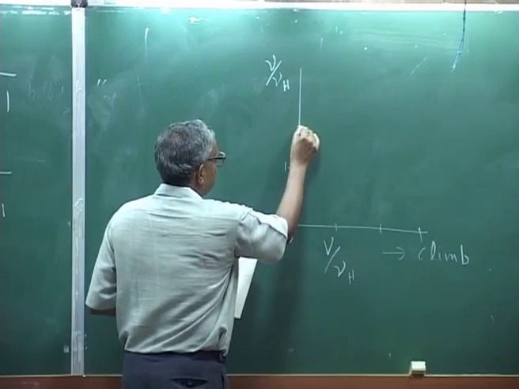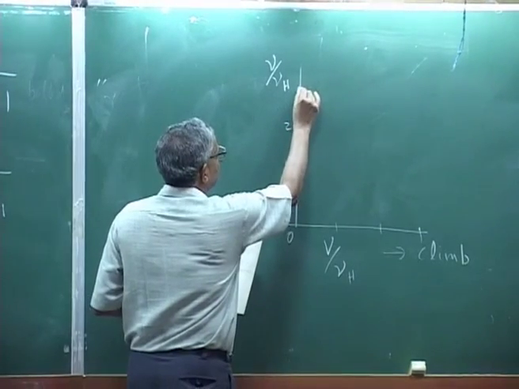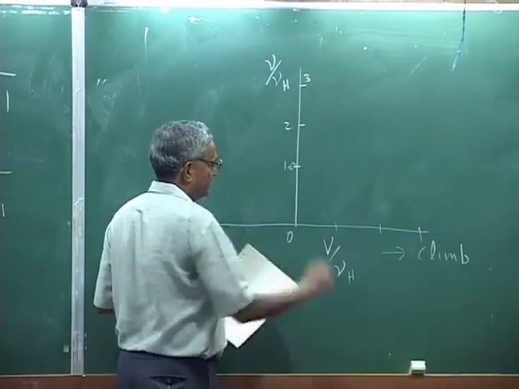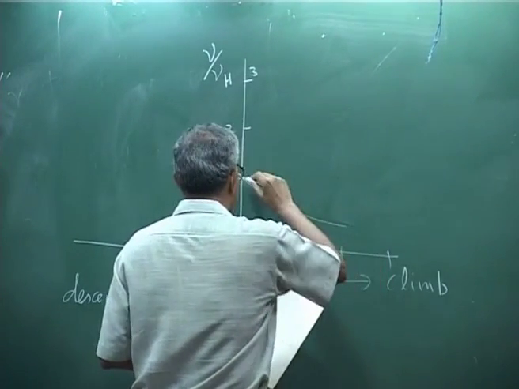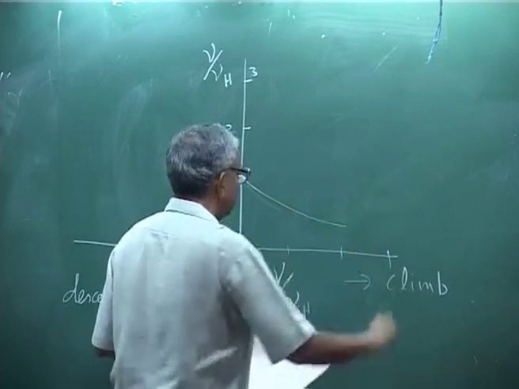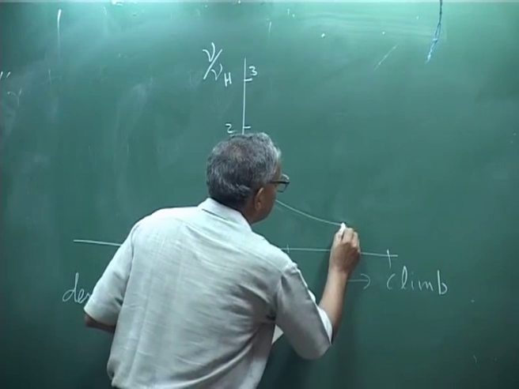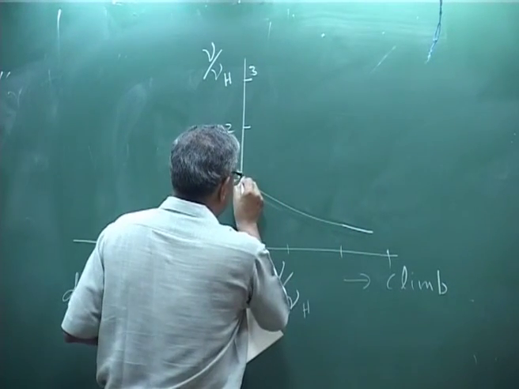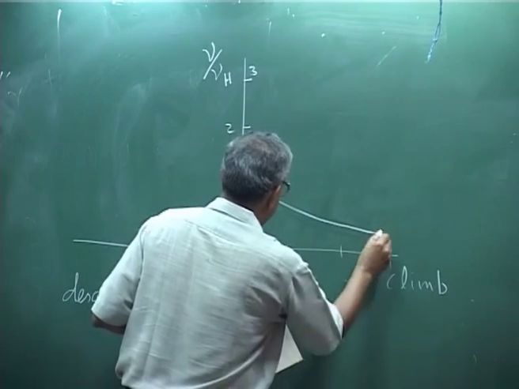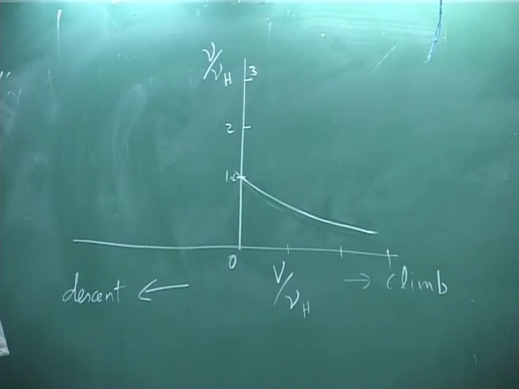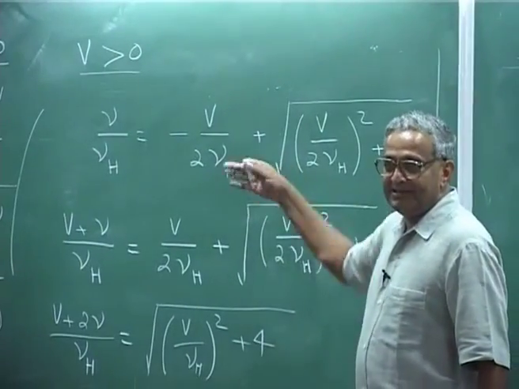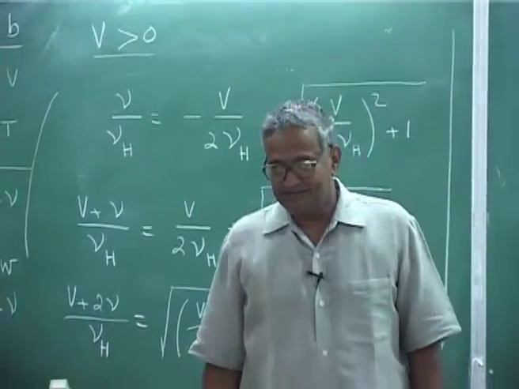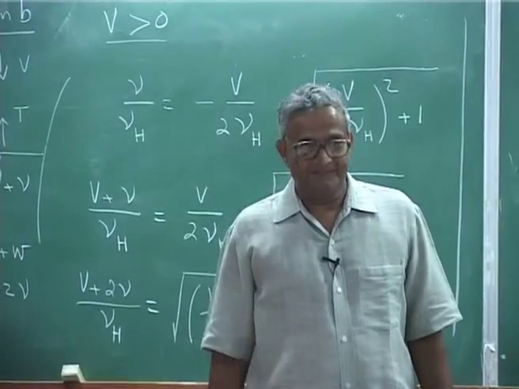Here you may have 1, 2, 3 etc., and this curve will be like this. But assume that this expression is valid even in the descent case.